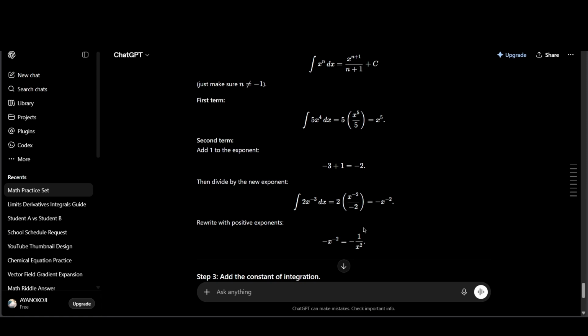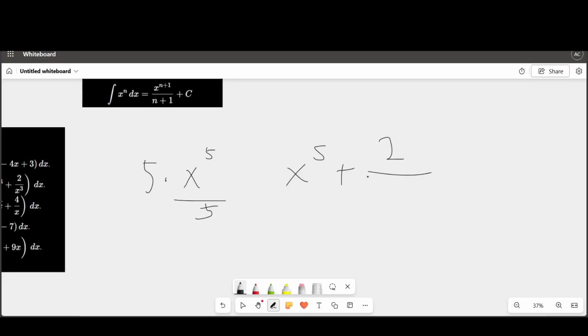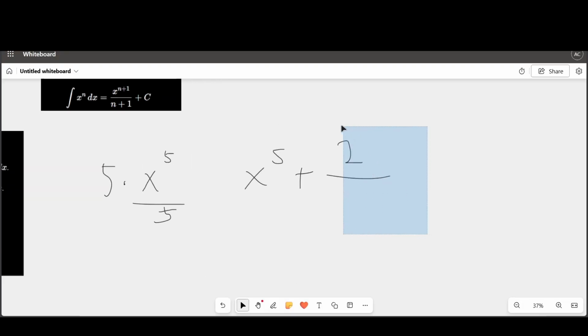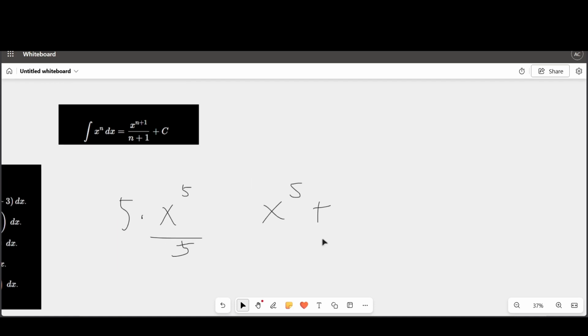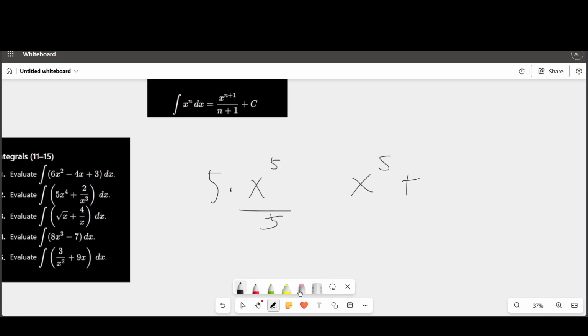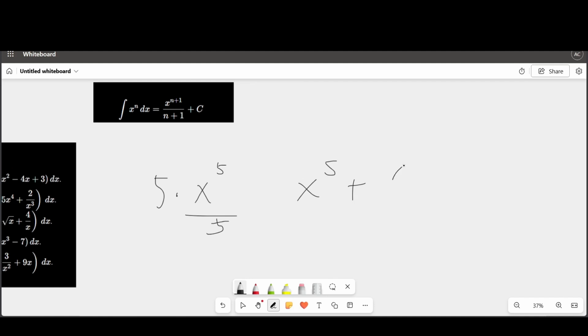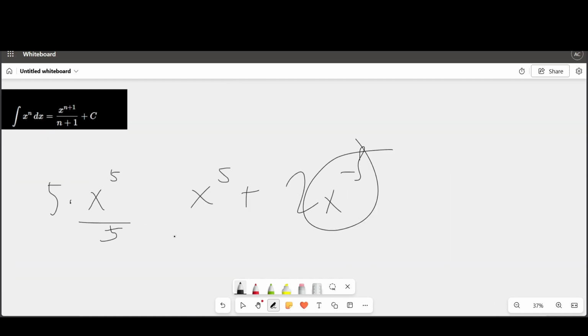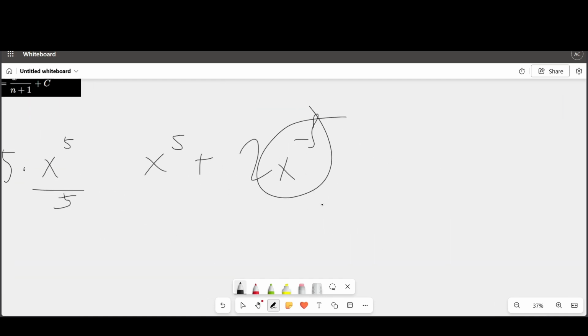All right, I think I get it. Just rewrite everything. Rewrite it as 2x^-3, and use the power rule on x raised to negative 3. So we have to use this.